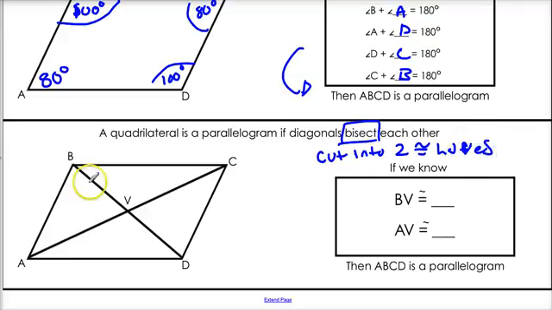Well, that means that this piece, BV, is congruent to VD, because this point cuts it in half. And then we also know AV is congruent to VC because this point cuts it in half. These diagonals cut each other in half. So BV is congruent to VD, and AV is congruent to VC.